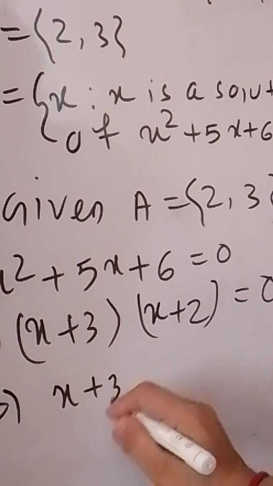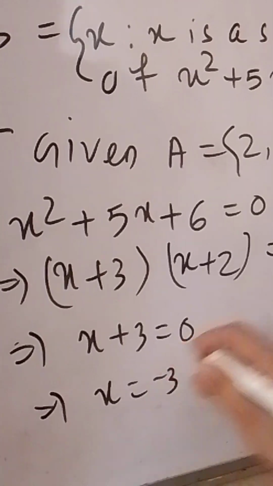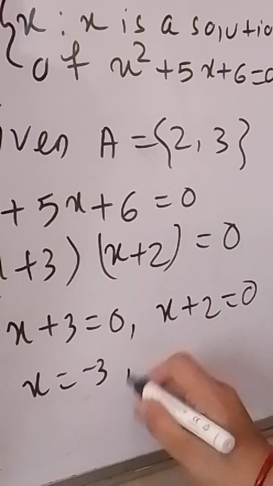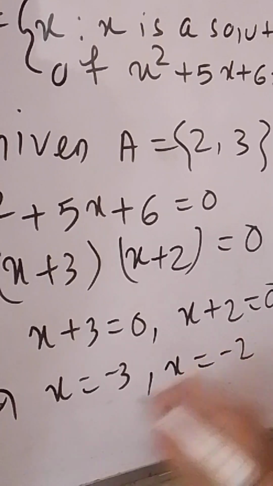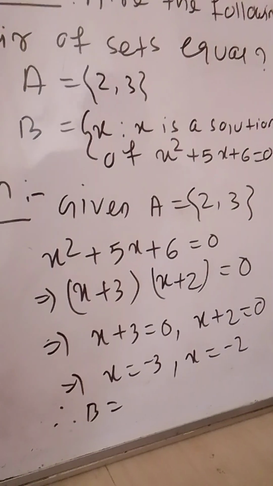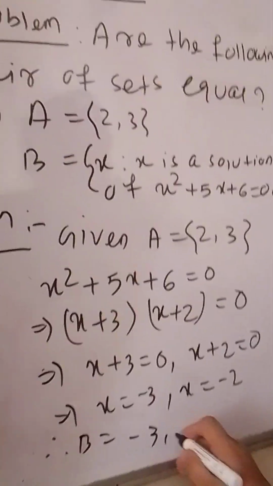So x plus 3 equal to 0 implies x equal to minus 3. Another is x plus 2 equal to 0, x equal to minus 2. Now the elements of set B are minus 3, minus 2.